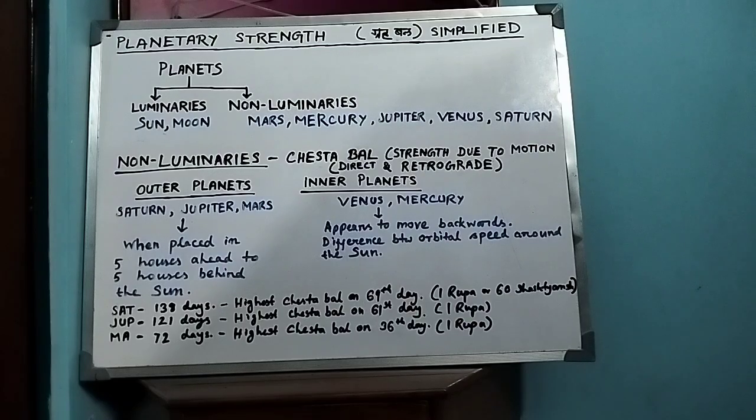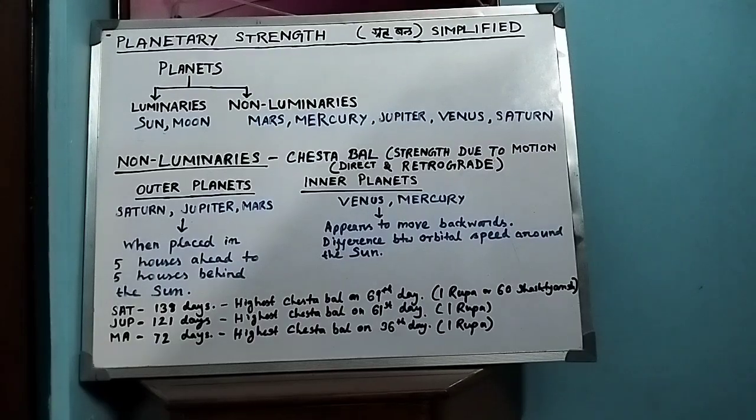Chestabal is also one of the components of Sadabal calculations, but the point is you must pay good attention to the Chestabal irrespective of the Sadabal strength or score of the planets. The unit of measuring planetary strength are rupa and sasthyans, where one rupa is equal to 60 sasthyans.